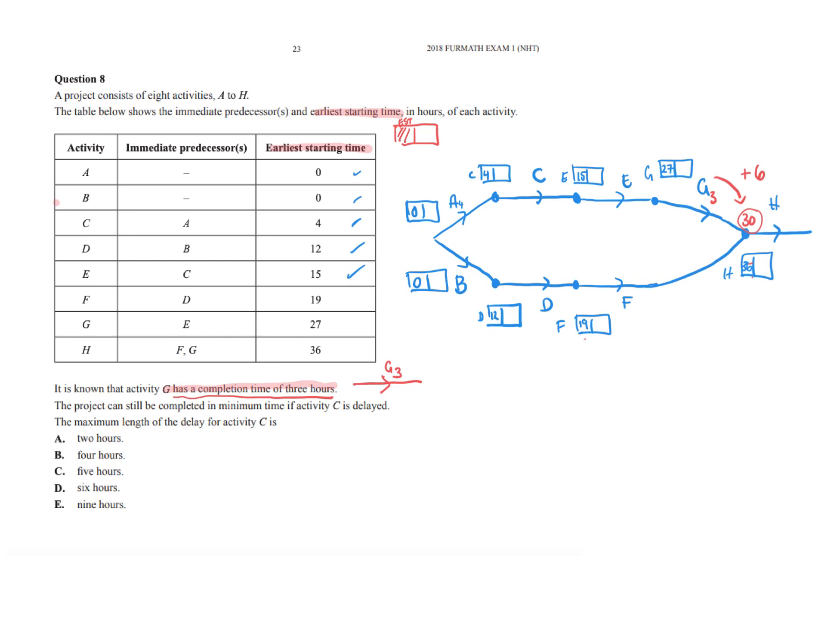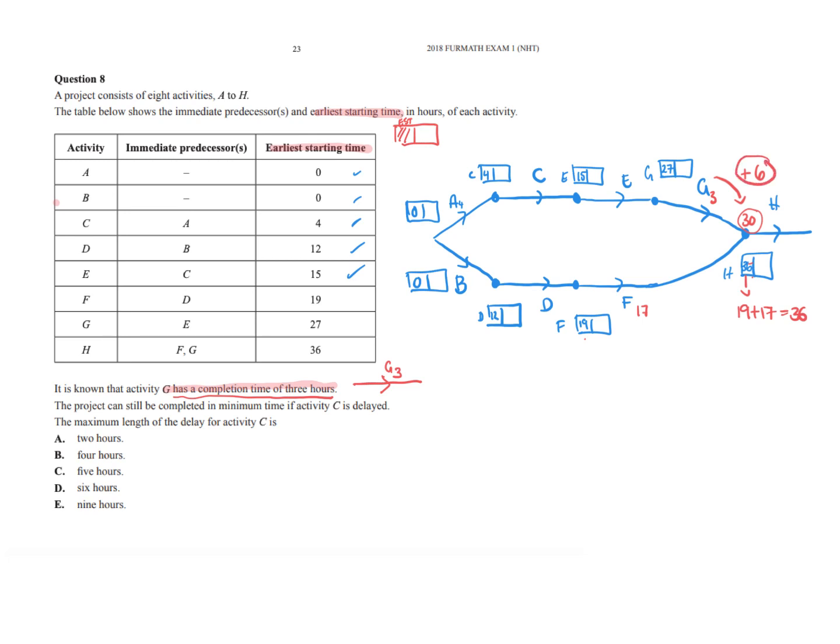F starts at 19, and so we know that F must be 17, because we have to get 36, so 19 plus 17 equals 36. So using F is the critical path. So therefore, we've got 6 hours up our sleeve.